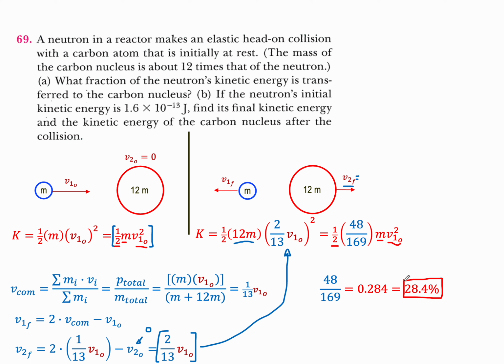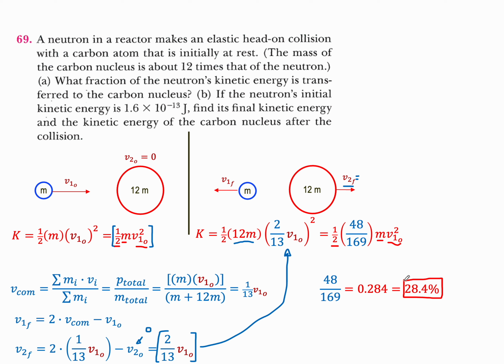In B, they give us the neutron's initial energy, and we have to find the final kinetic energy of both it and the carbon nucleus. But now it's plug and chug. Solving this one, we know that the carbon nucleus is going to get 28.4% of the neutron's energy. So just plugging it in, 28.4% of that initial energy gives us that.